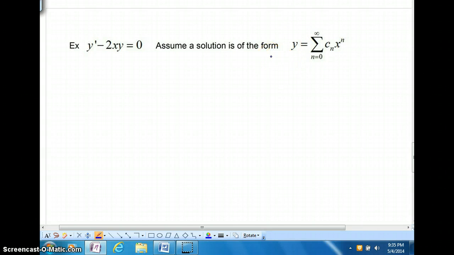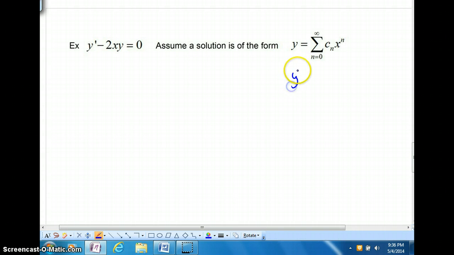We can assume a solution is of the form y equals a power series, n equals 0 to infinity of c sub n x to the n. The wonderful thing about this is that this power series could represent e to the x, sine of x, cosine of x, perhaps even something involving the natural log of x, many, many other functions. So you can see the advantage in using this method.